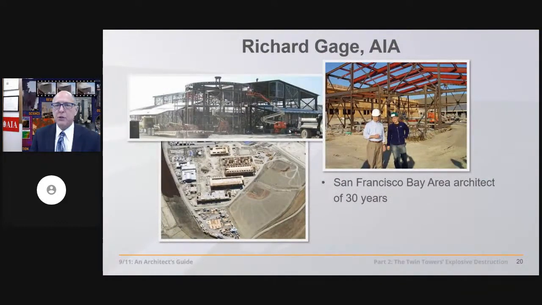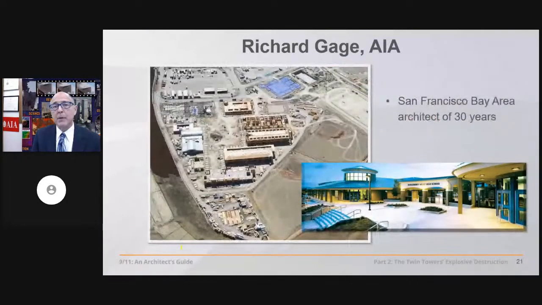And just so people know something about my background, I was responsible at a local firm here in the San Francisco Bay Area for these $3 and $10 million gymnasiums and the construction administration for this $125 million high school.